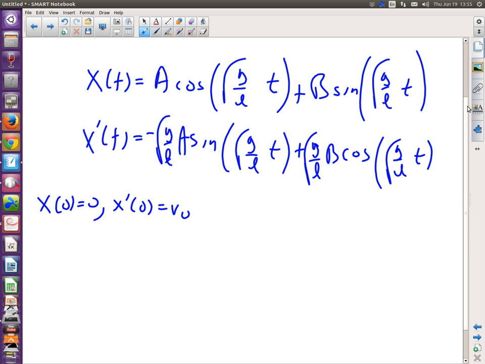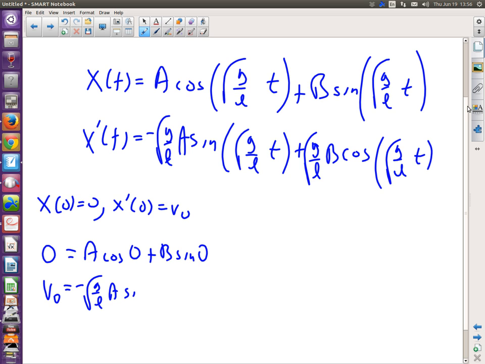Alright, so let's see. In the first equation, x is 0 when t is 0. So we get 0 equals a cosine 0 plus b sine of 0. Again, sine of 0 is 0 and cosine of 0 is 1, so a is 0. And then v0 is x prime when t is 0. So you get negative root g over L times a sine of 0, again sine of 0 is 0, so it drops out.